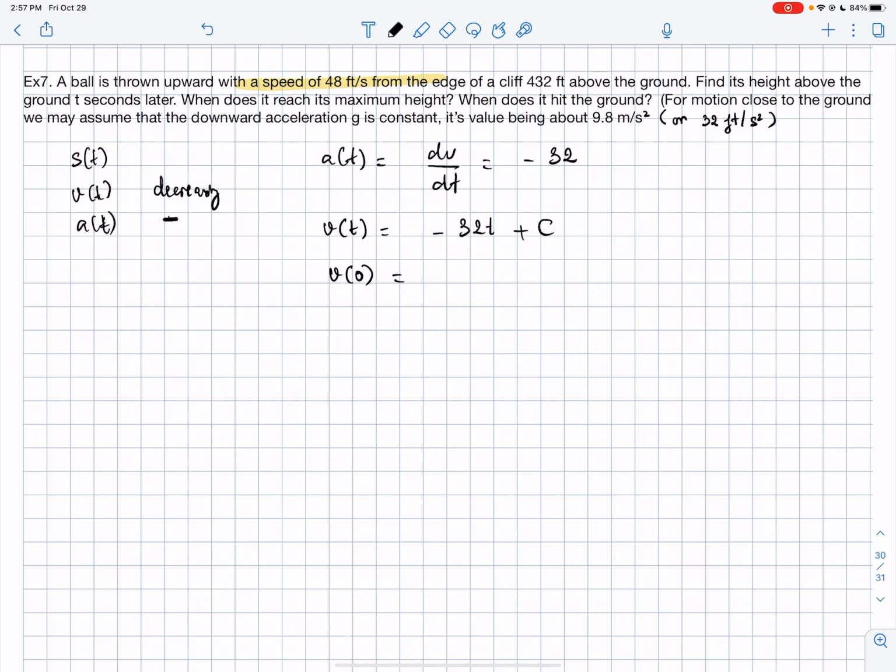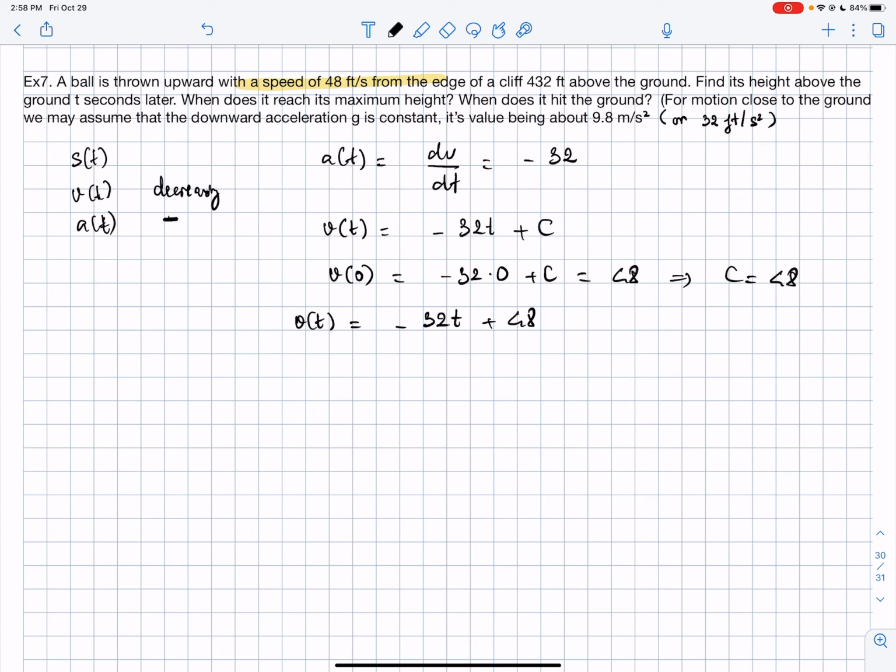At the beginning, the speed v of 0 is negative 32 times 0 plus c, and that is 48. So that means c is 48. We will plug c into the v of t function. So v of t will be negative 32t plus 48.